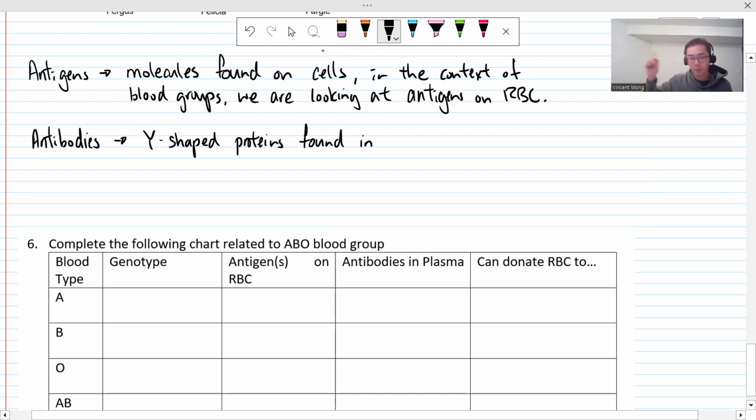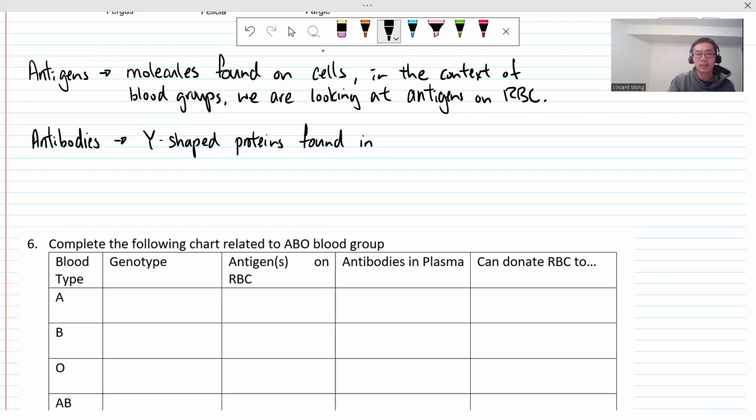And the other person, what did you say? Where do we find them? Lymphocytes. Okay, yeah, the B lymphocytes make them, but where in the blood do we find them? Granulocytes. Okay. The Y-shaped proteins are found in the plasma, guys. Right? Plasma.